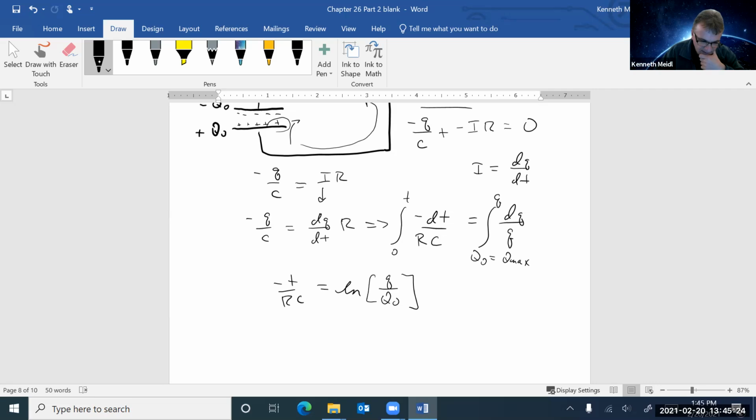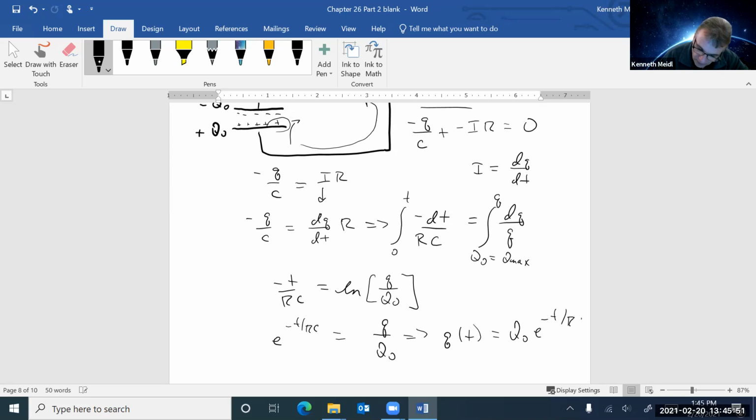I'll save that value here, and then raise both sides to the e to get rid of the natural log. That's just because people typically would rather deal with exponentials than log functions.